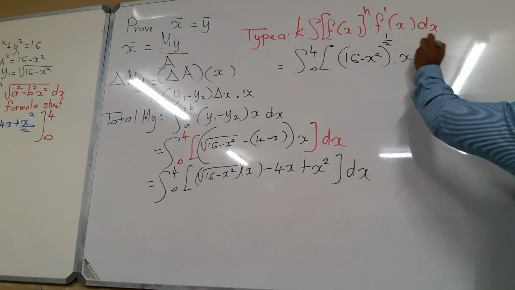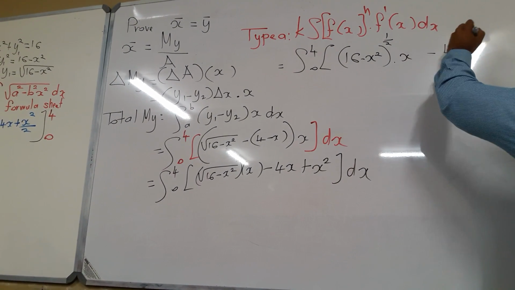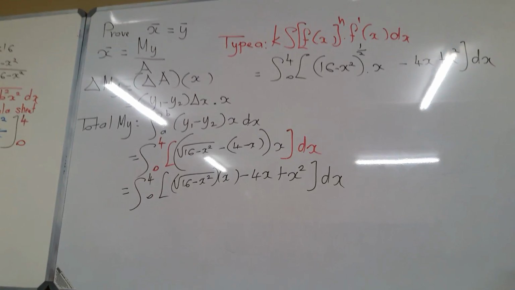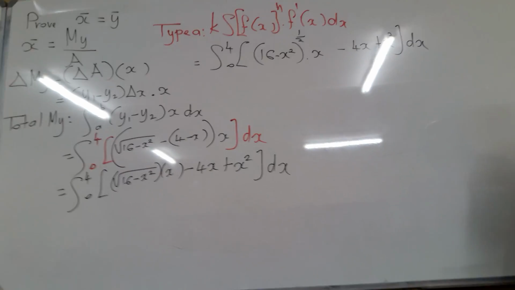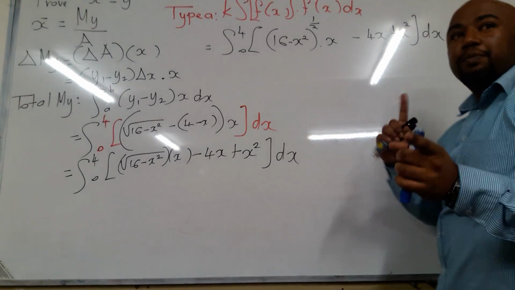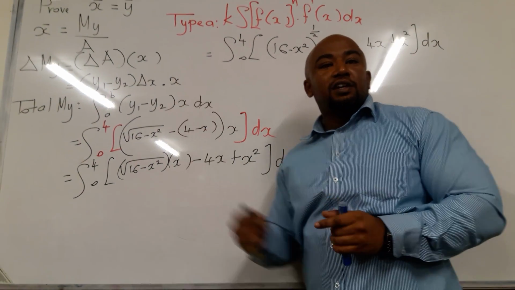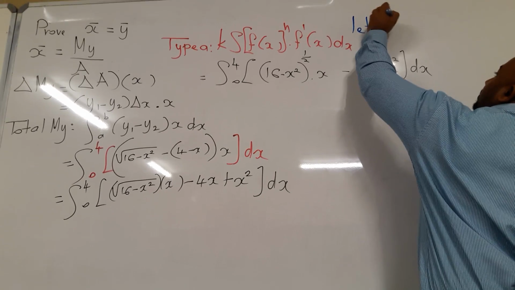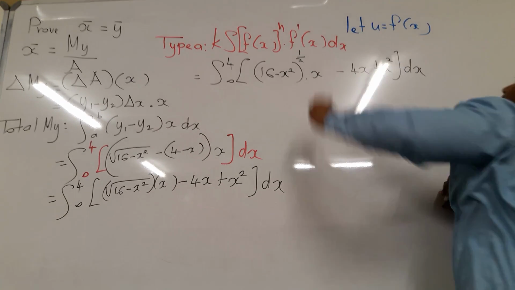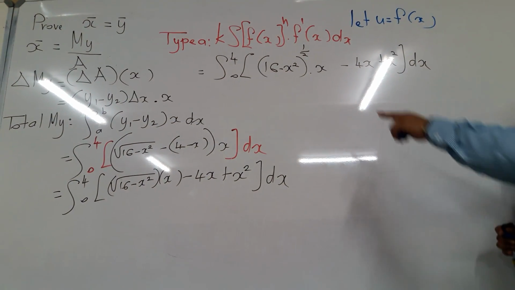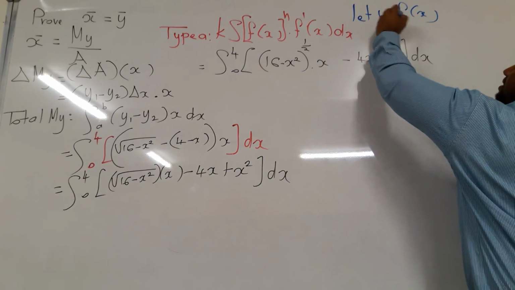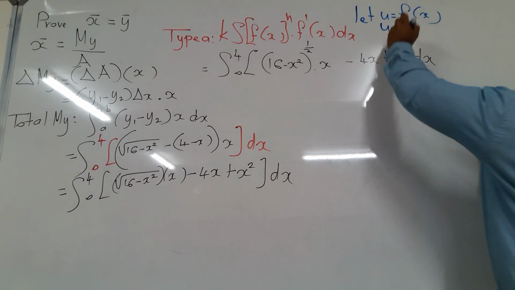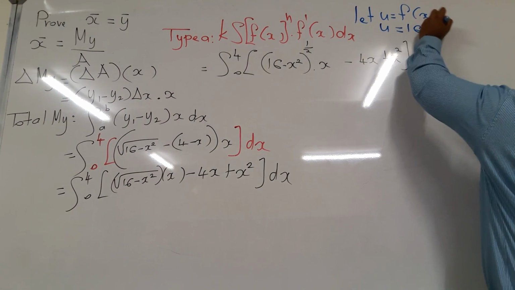Okay, and then we got our minus 4x plus x squared. So when we integrate here, we're dealing with type A, B, C, D, exact derivatives. So we always let u equal to f of x. In this case, what is my f of x? Your f of x is 16 minus x squared.